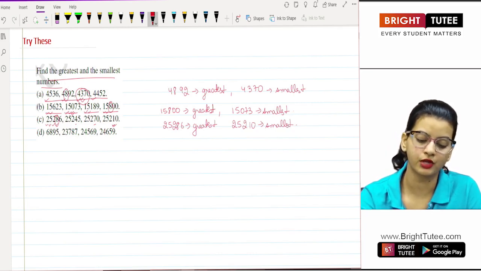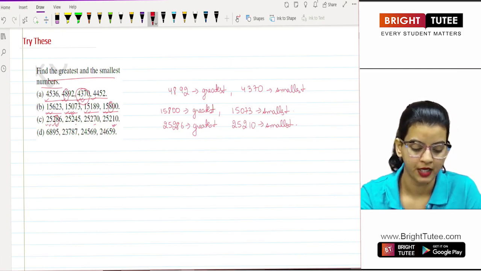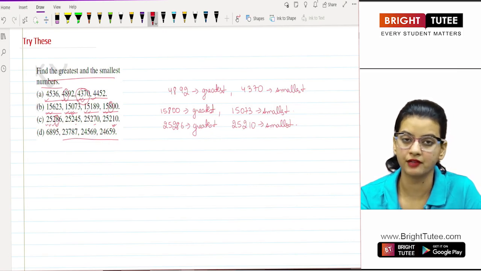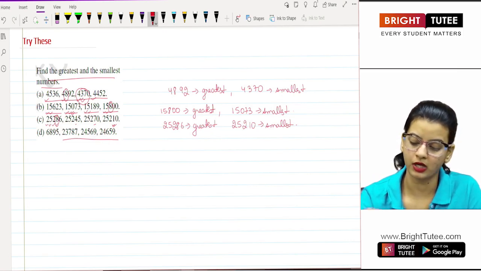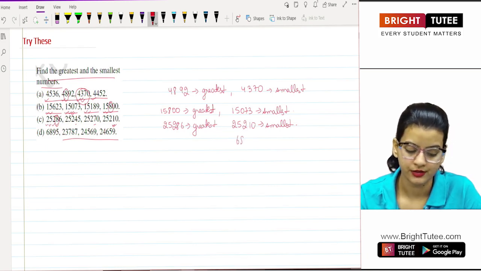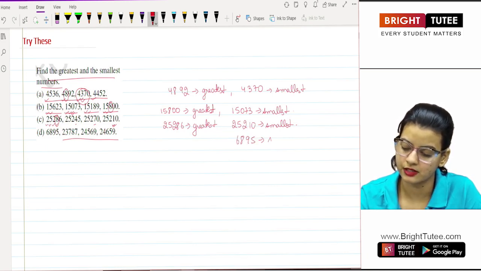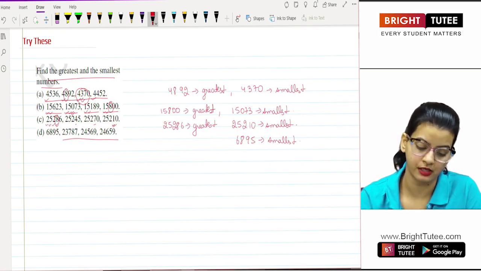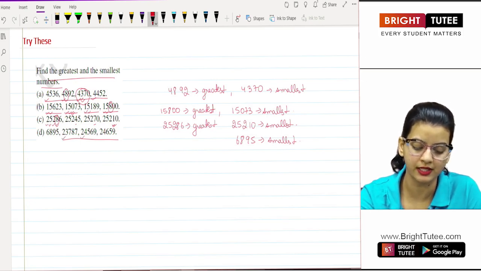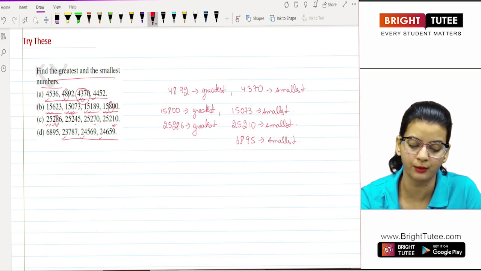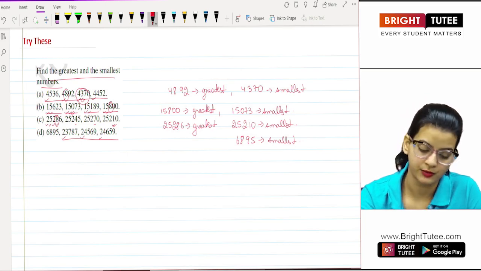Moving ahead, we now have to compare the last row. In the last row, we have 3 numbers. We have 5-digit numbers, and only one number is 4-digit. So the smallest number we already know is 6895. Now what about the greatest number? We have to compare the digits in the 10,000s place, which is the same for all. So we compare the digits in the thousands place.